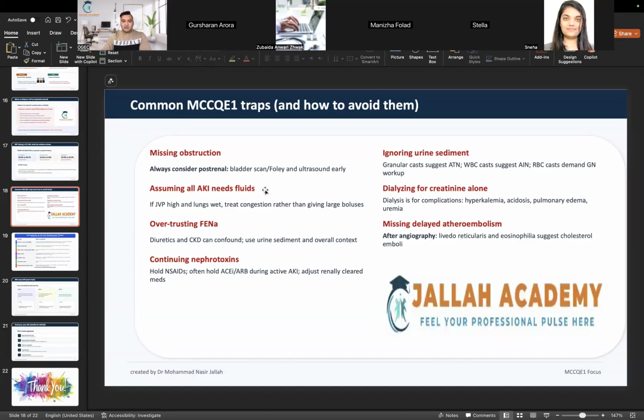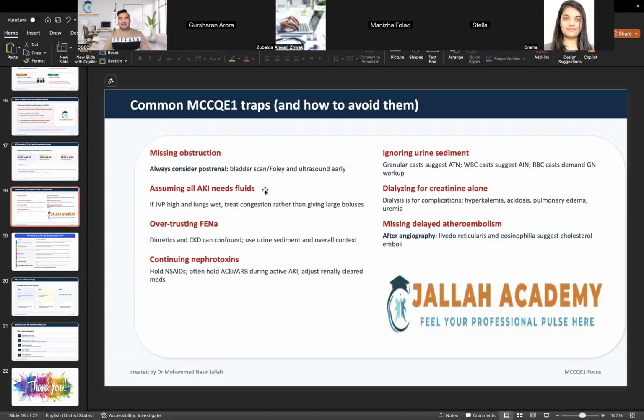Assuming all acute kidney injury needs fluid, they don't need fluid in all cases. And I gave you a scenario about CHF, right? Or pulmonary edema. Overtrusting the FENA: diuretics and chronic kidney disease can confound, so use urine sediment and overall context.